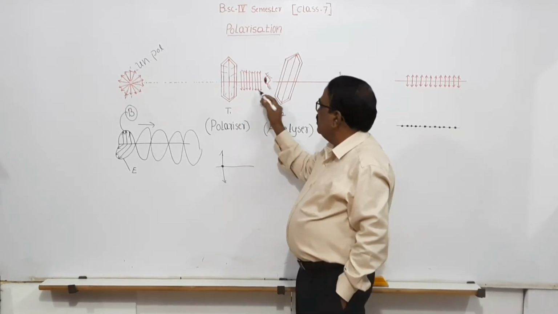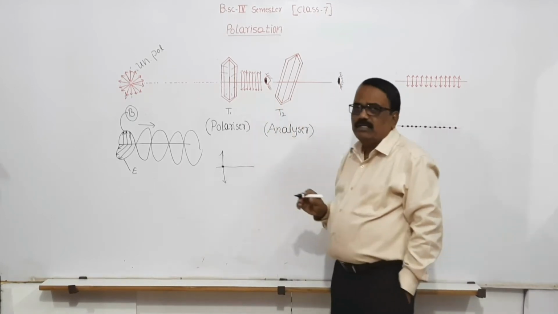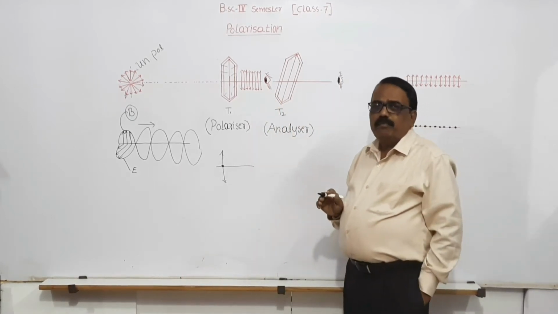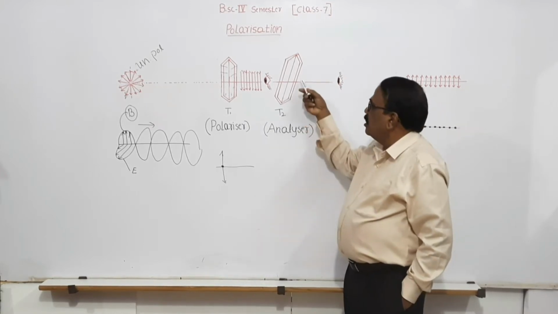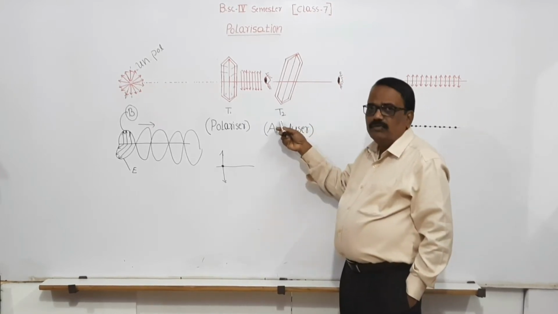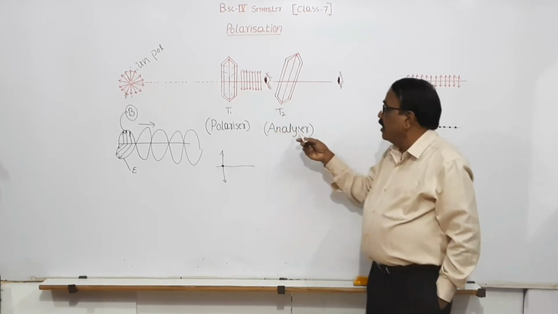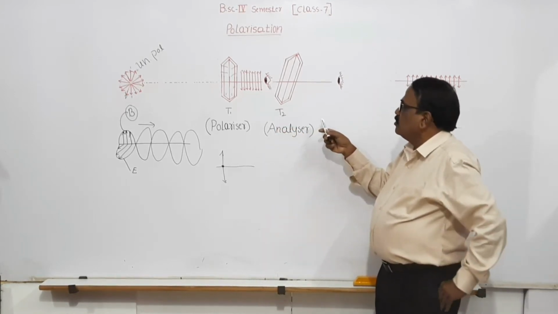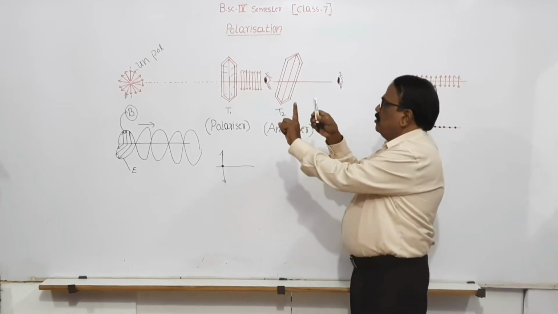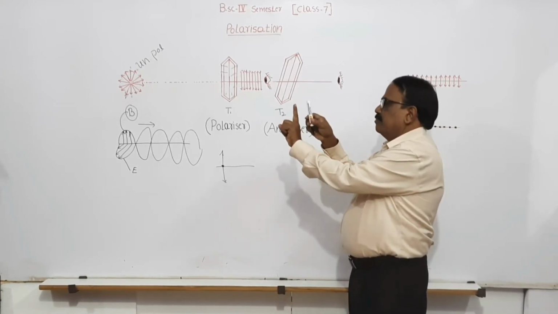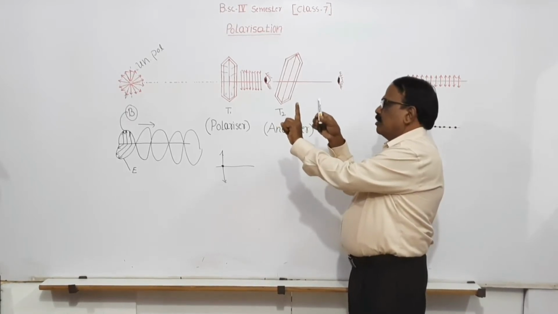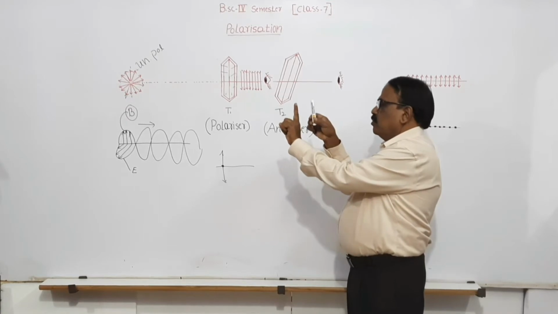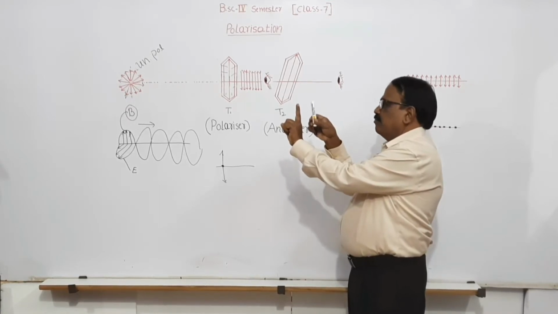And whether the light coming out from the polarizer is plane polarized or not can be checked by another tourmaline crystal T2. It is called the analyzer. So assume that the two axes are parallel. Then the light coming out from one crystal will also pass through the other crystal. No change in the intensity of the light.